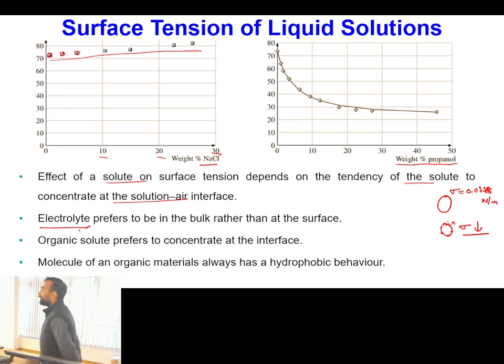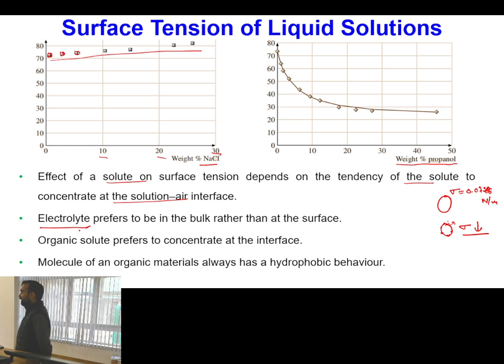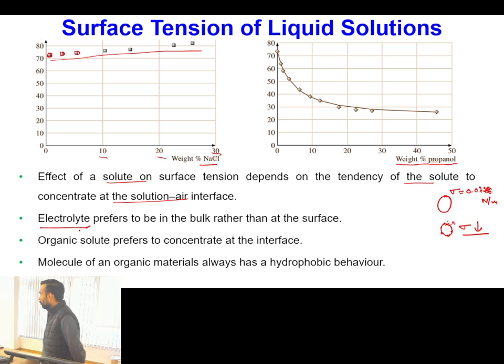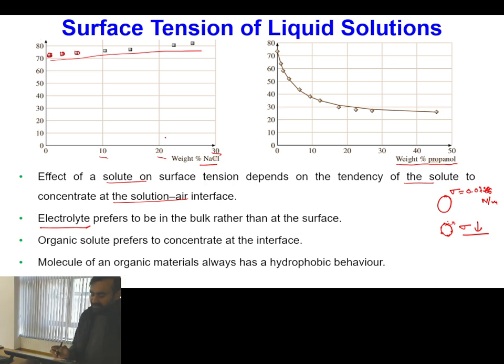Typically electrolytes have good miscibility with polar molecules. So the electrolyte will try to stay in the bulk of the water and it will not stay near the interface. So ultimately, as NaCl molecules have mixed with the bulk of water and have not stayed at the interface, there was no change in the surface tension.